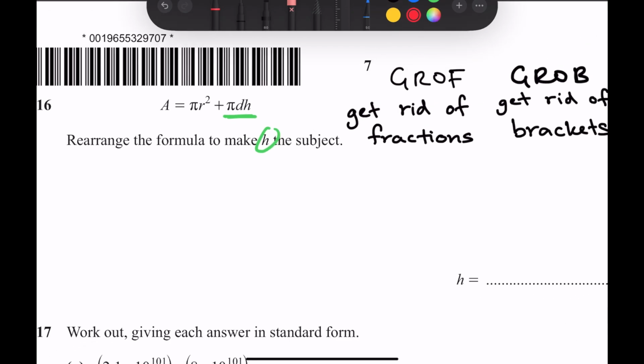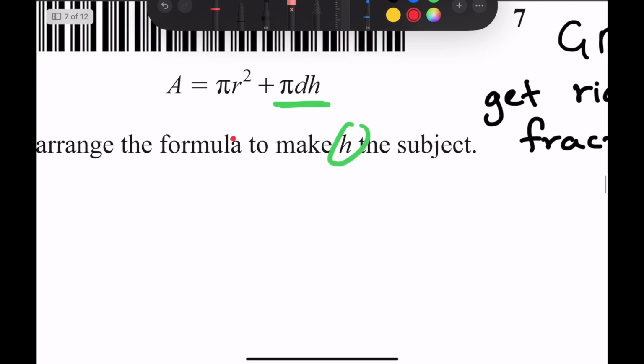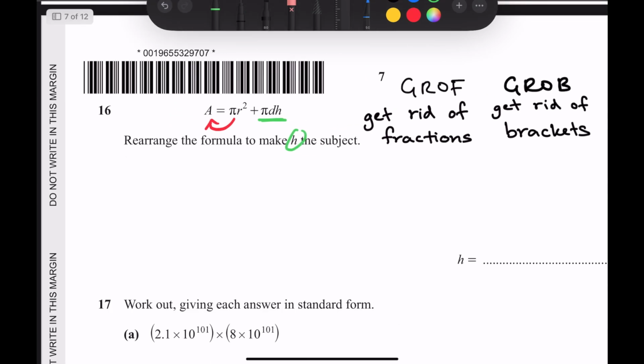So in this case, the other term, pi r square, is moved to the other side. So the desired term, pi dh, which contains the variable that we want, is equal to a minus pi r square. So h would be equal to... wait, one second.